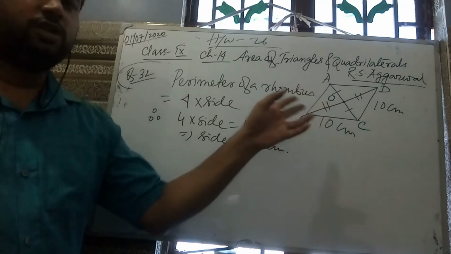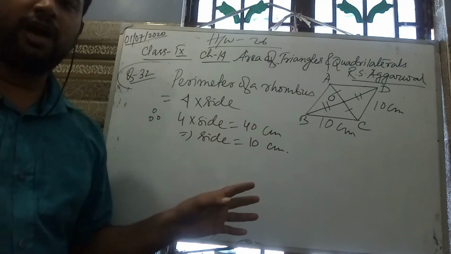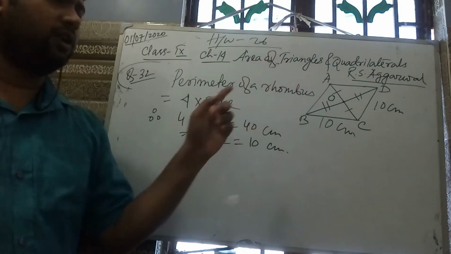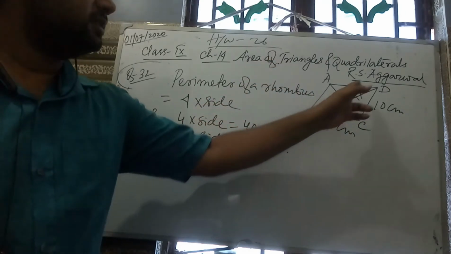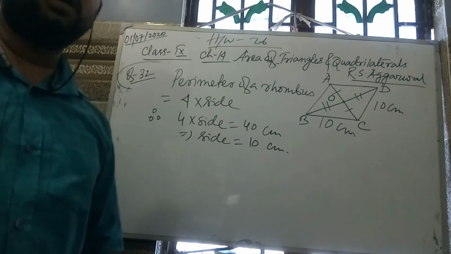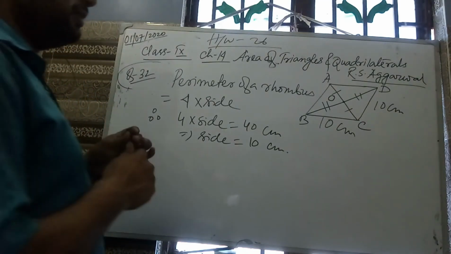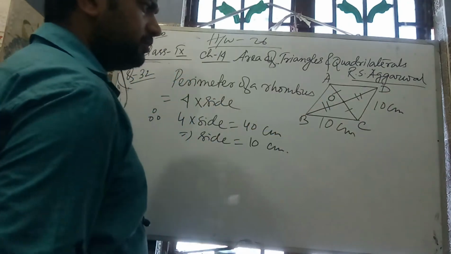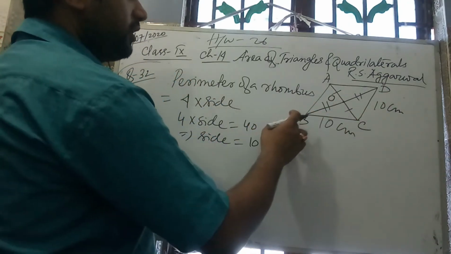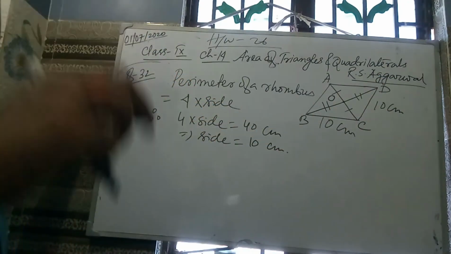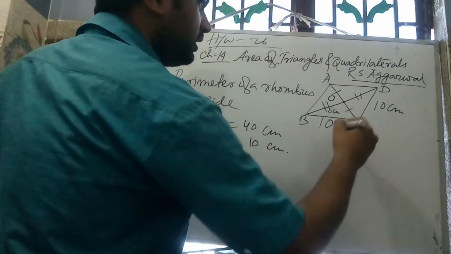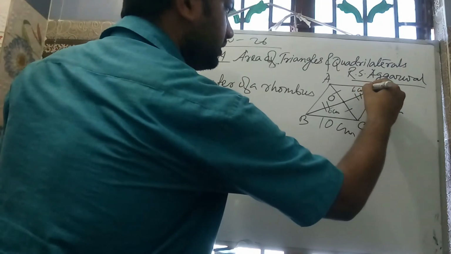So here we usually consider that a rhombus has different length diagonals. One diagonal is given as 12 centimeter, let BD be 12. Point O will divide BD into two equal halves, that is, this side will be 6 centimeter and this side 6 centimeter.